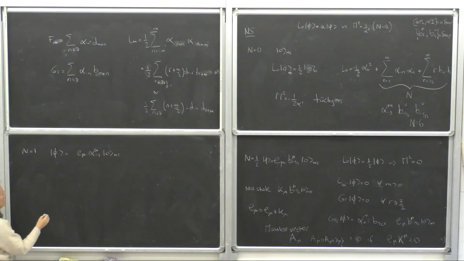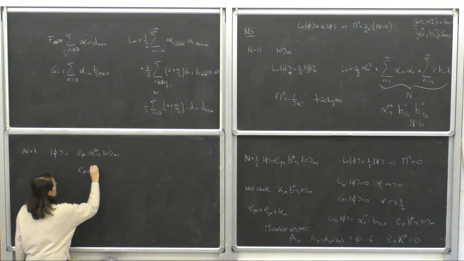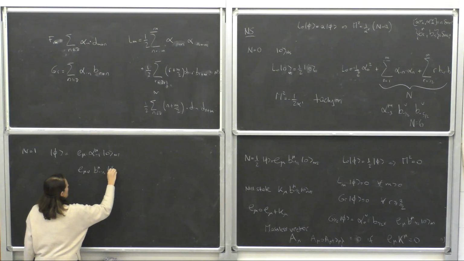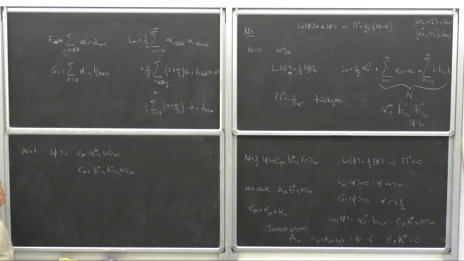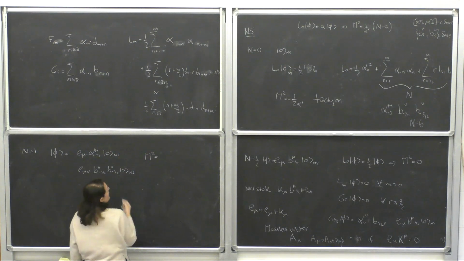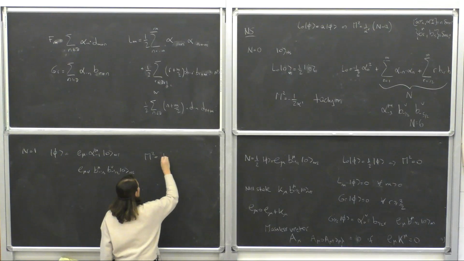Or I can also have two b's, right? E_{mu nu} b^mu_{-1/2} b^nu_{-1/2}|0, k>. So first, these states have mass. It's 1/2 alpha prime, right?